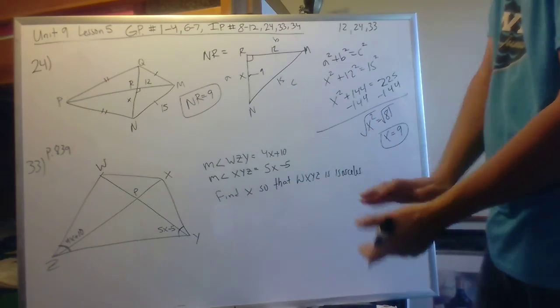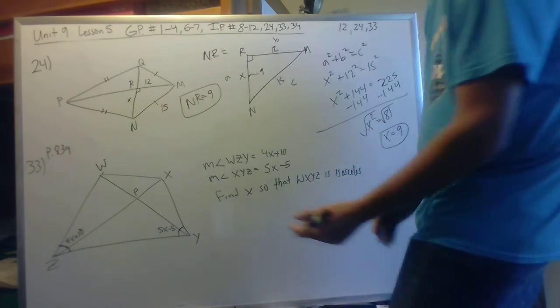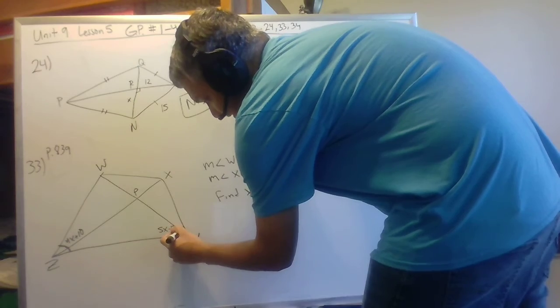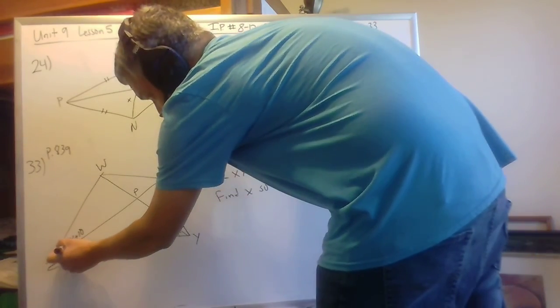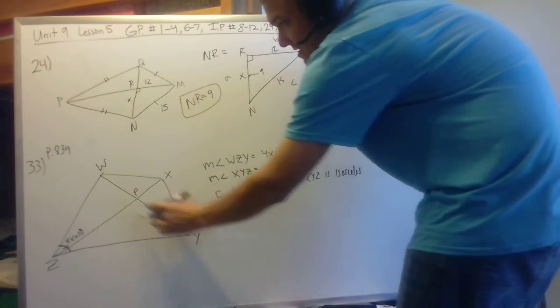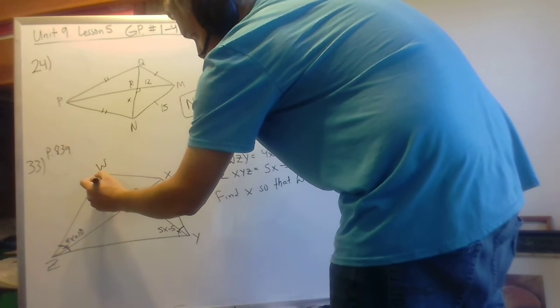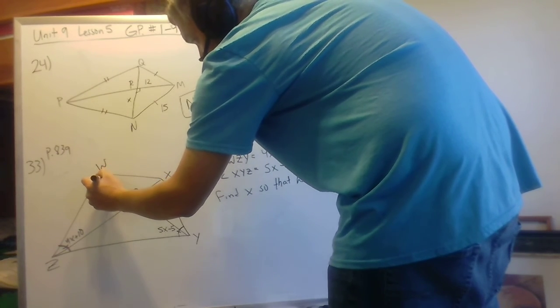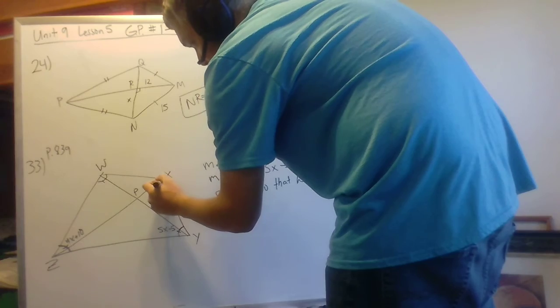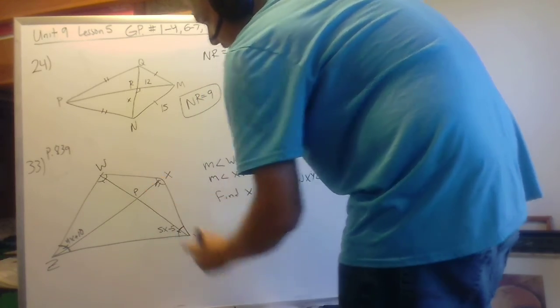In order for a trapezoid to be an isosceles trapezoid, we need to have either the base angles be congruent, or the top angles be congruent.